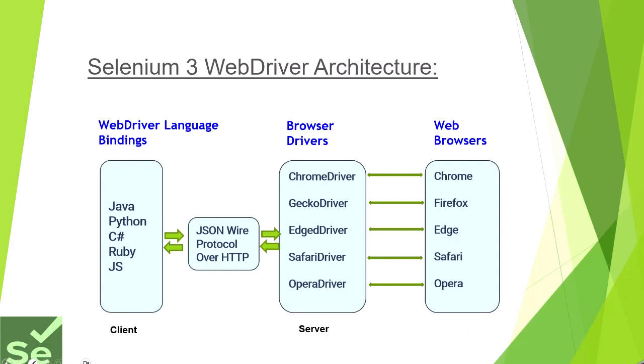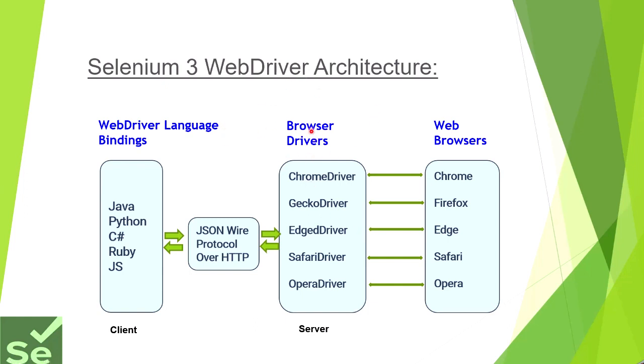Because the server does not understand any of these programming languages, the JSON wire protocol uses a process called serialization, converting object data to JSON format, and deserialization, converting JSON format to an object, and makes client and server communication possible.